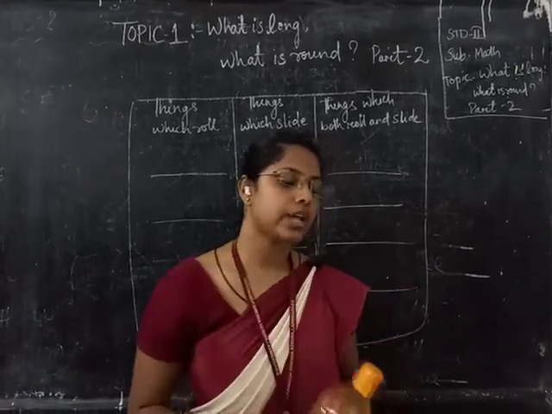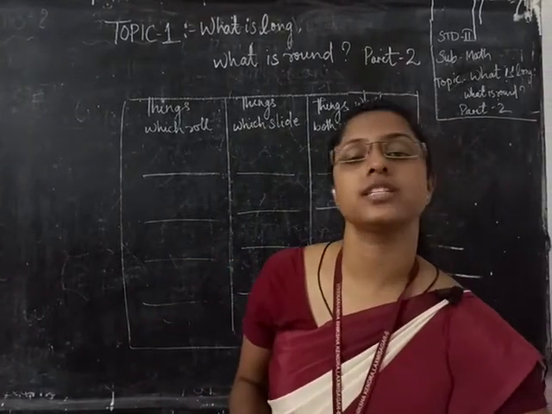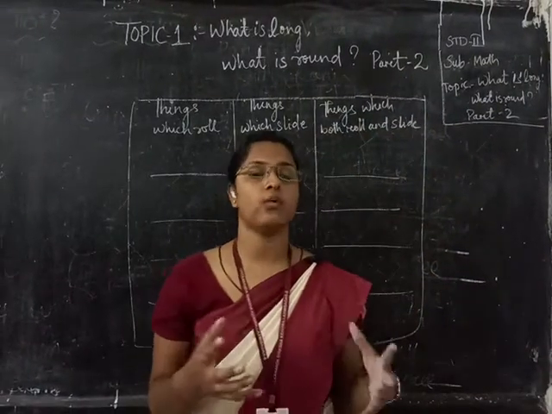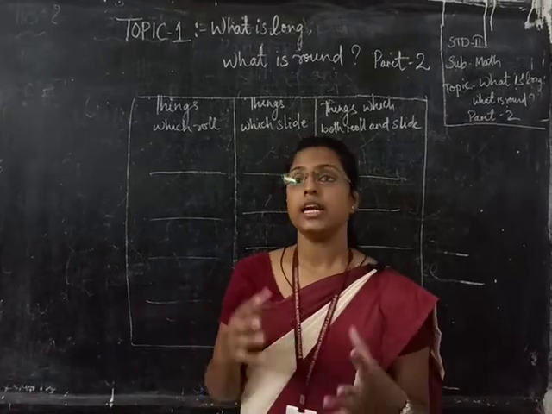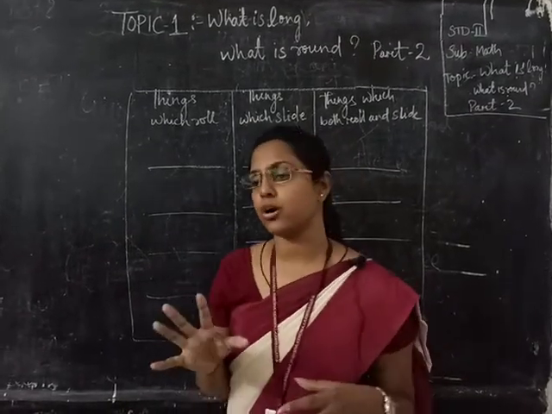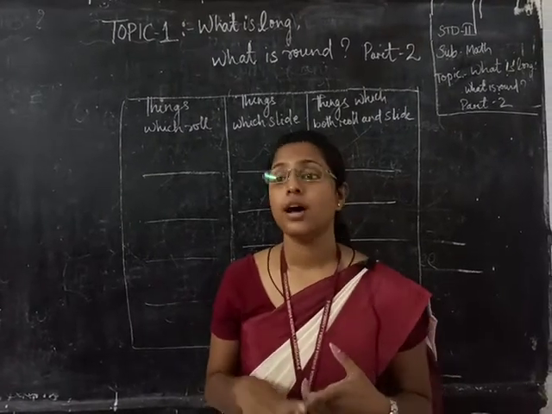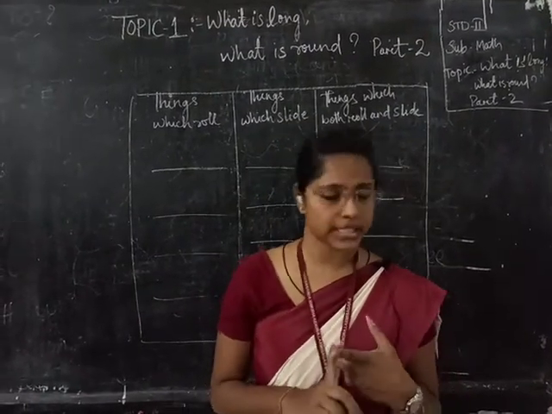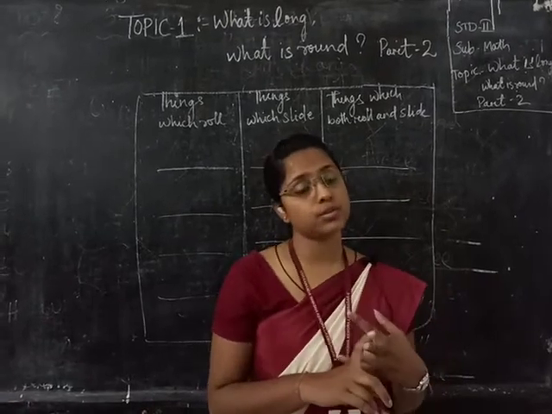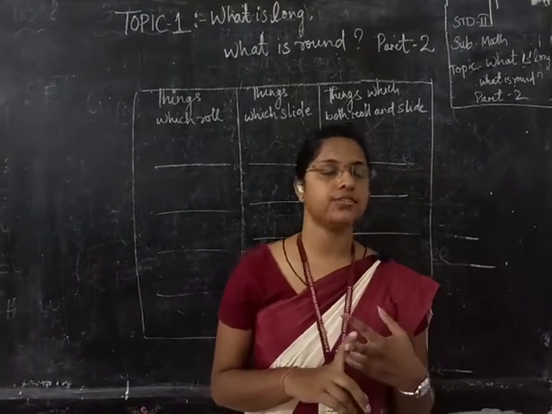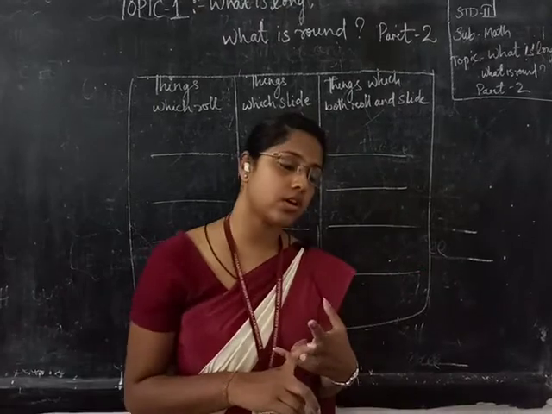Yes or no? Before going to rolling and sliding properly, I want to ask you some questions. Tell me 5 names of long objects. Yes, bat. Very good, bat is long. Number 2, hockey stick. Hockey stick is also long.